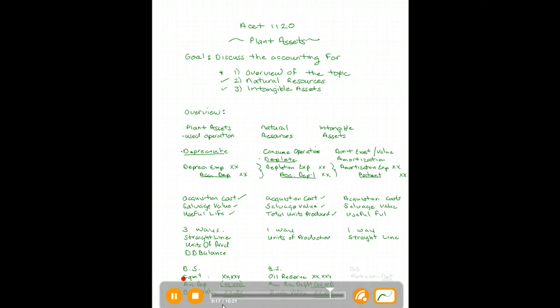Straight line amortization just writes it off evenly, and since they're pretty intangible, there's not a better way to do it. They're also shown on the balance sheet, and again long-term, like both plant assets and natural resources, but they're shown at net because you've been taking the depreciation right to the asset account. So there is no separate book value. And you disclose the amount that you've written off for the period and to date in the notes to the financial statement.